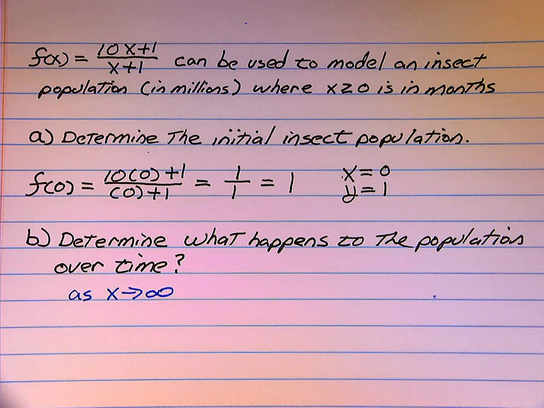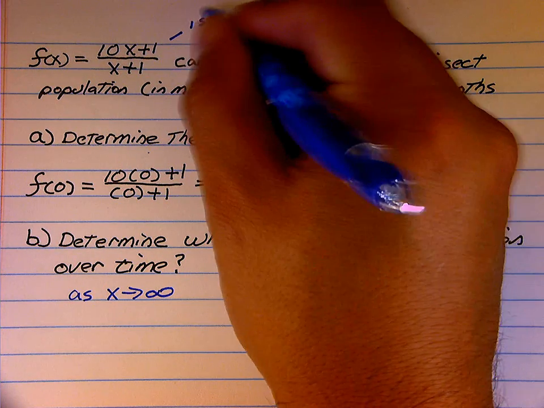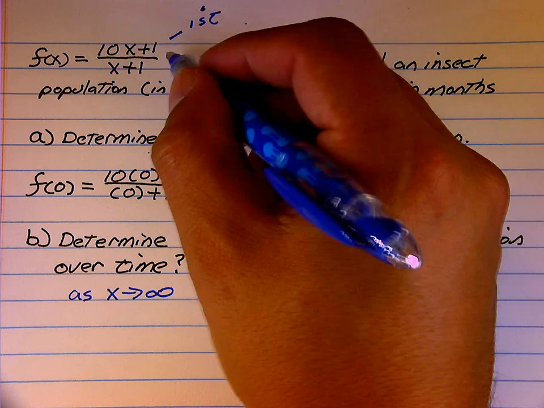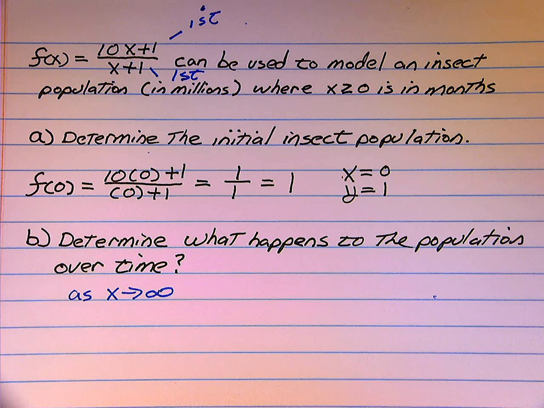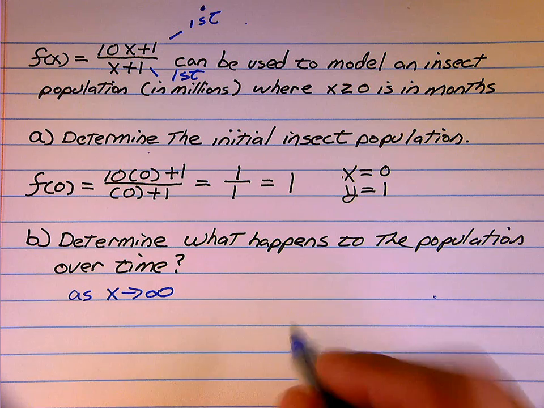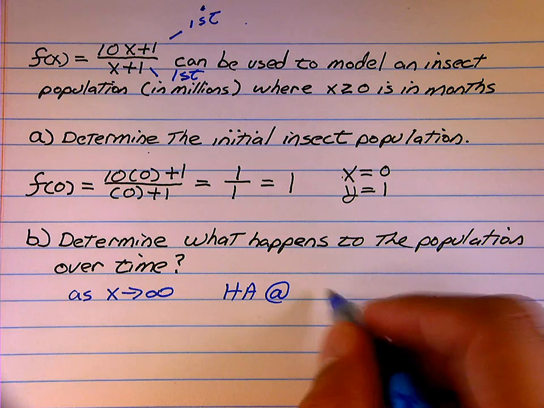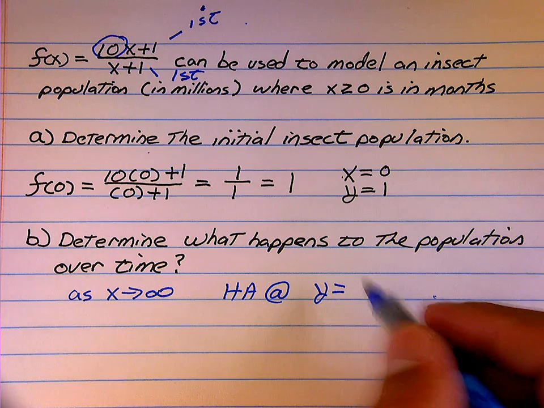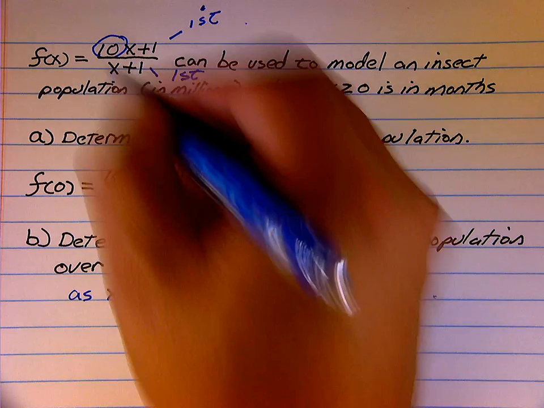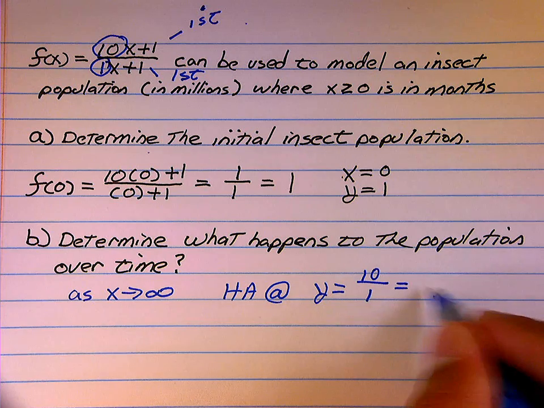Well, notice, if I go to the original function, my top is a first degree polynomial. My bottom is also a first degree polynomial. That means I have a horizontal asymptote. I can calculate that horizontal asymptote at y equals my lead coefficient in the numerator over my lead coefficient in the denominator.